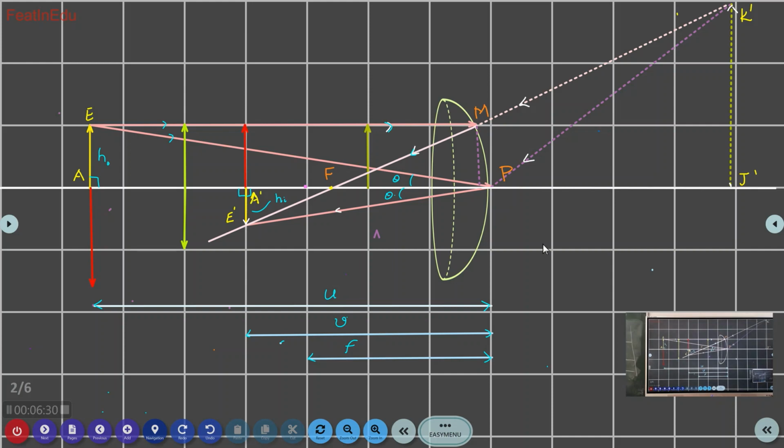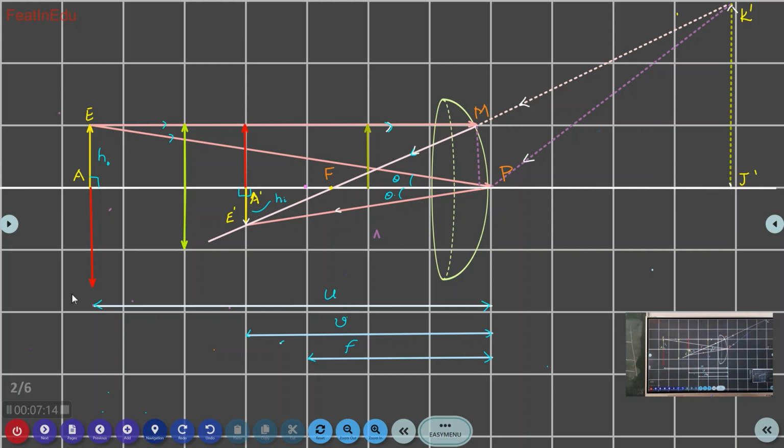So now you see here, because these are all linear extended objects, what matters is the linear size, and in this case I will consider the linear size of the object as the height of the object, which I will call H suffix O, and obviously the height of the image, H suffix I. So therefore now we have got 5 physical quantities u, v, f, HO, HI, of which u, v, HO, HI are the physical variables. f in this experiment is constant.